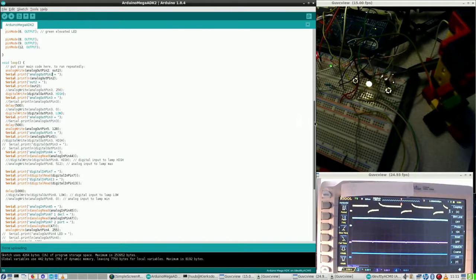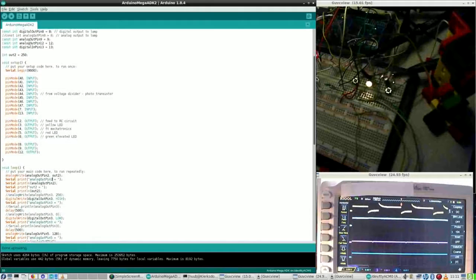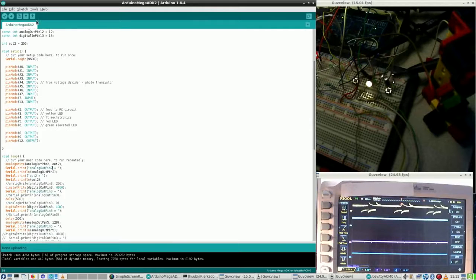And out 2 has been declared as 250. So let's make that 255. No, let's make that this one, just like this. And 255 is indeed very long positive, very small negative. But also here the problem is, which value is it?